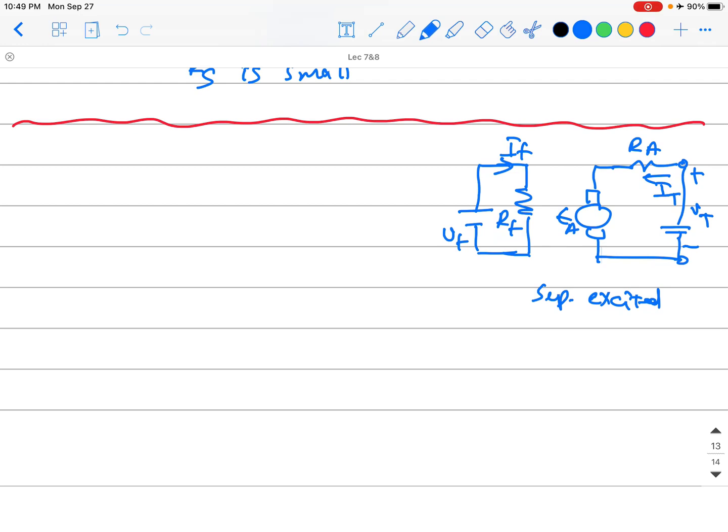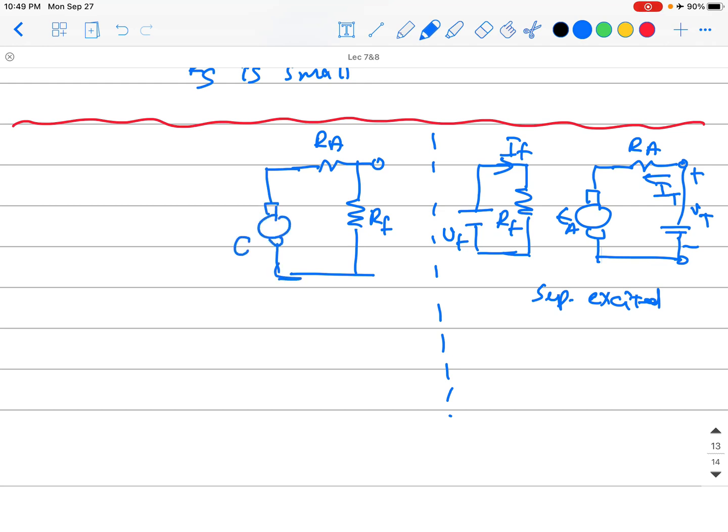Okay guys, for shunt excited it will look like this. You will have here RA, and in parallel with it you will have RF, and this will be your induced armature voltage, and here is V terminal, plus minus.